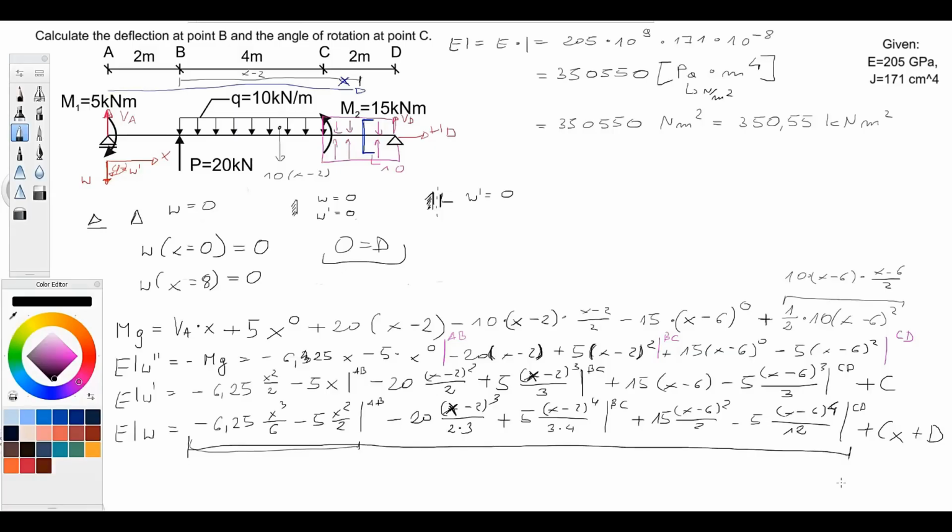Now we have to tediously rewrite it. And with a heavy heart, I am doing just that. Minus 6.25, 8 to the power of 3 divided by 6. Minus 5 times 8 squared divided by 2. Of course I substitute for x, right? We try as much as possible to simplify and shorten it immediately.